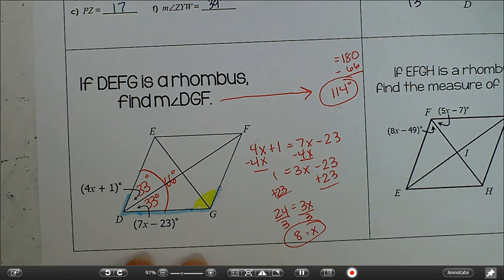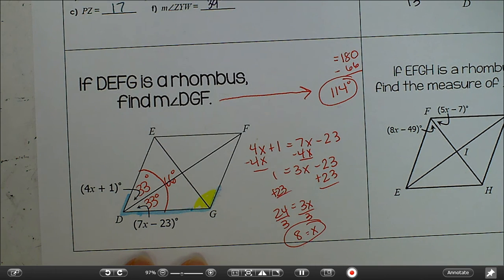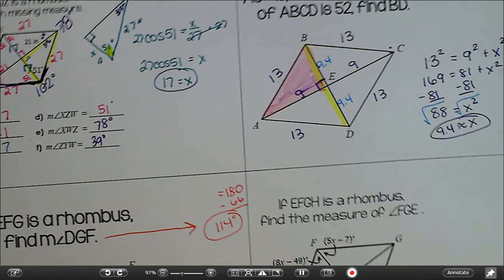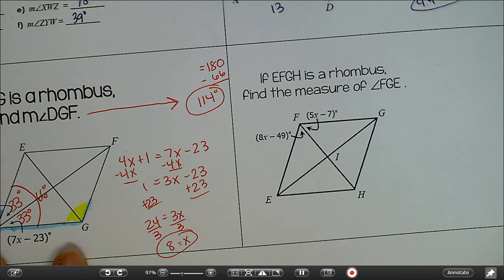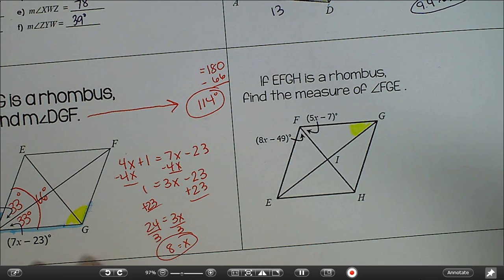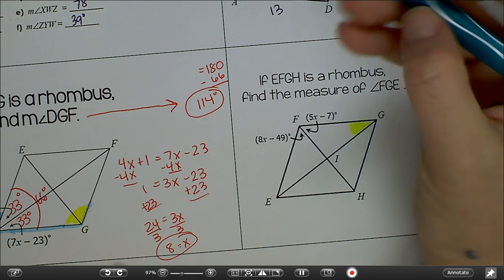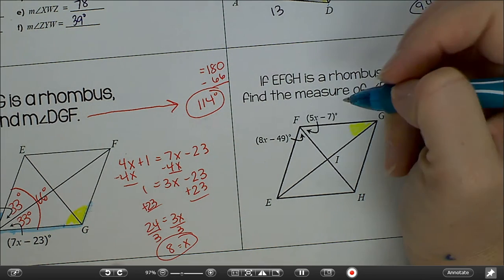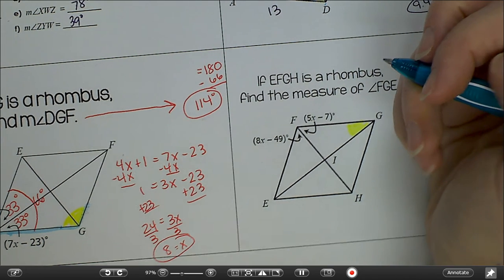One more, I think. Yeah, let's do this one. If EFGH is a rhombus, find the measure of angle FGE. So this time we only want this piece. But we're going to use that same general process idea. Actually, I'll do it a little bit different because I can see it another way.